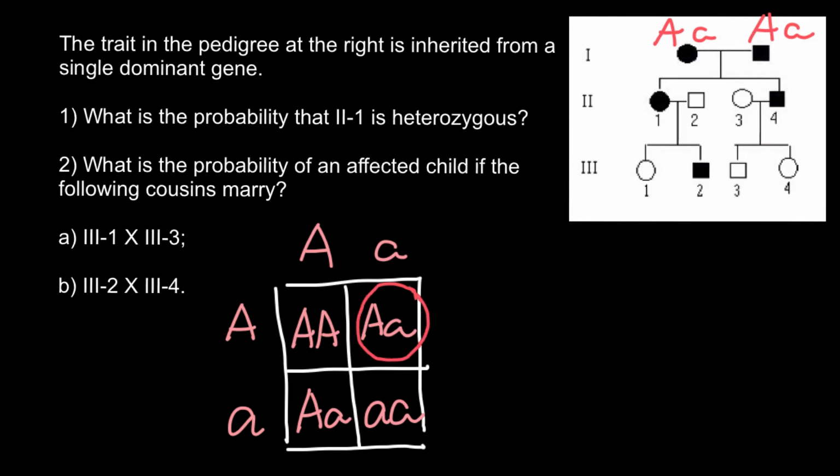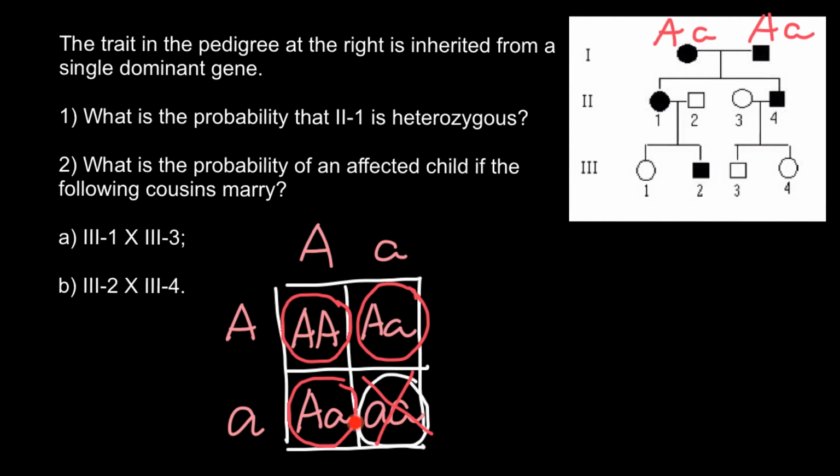This genotype would show up as affected phenotype. This genotype also would show up as affected phenotype, and this of course also would show up as affected phenotype, and only this one would be normal phenotype. Looking at this pedigree, we can exclude this variant because this person is affected.